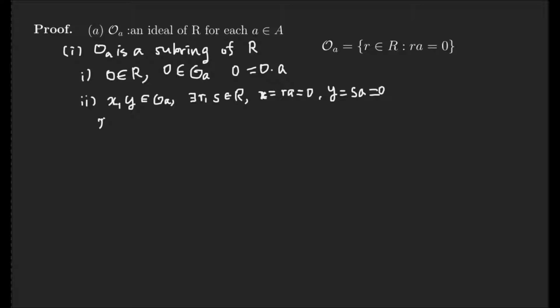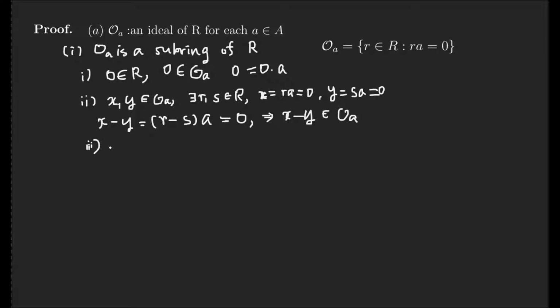Then x minus y means r minus s, and because R is a ring, the subtraction is clearly an element in R, and this is clearly 0. So x minus y is also an element in O_A.